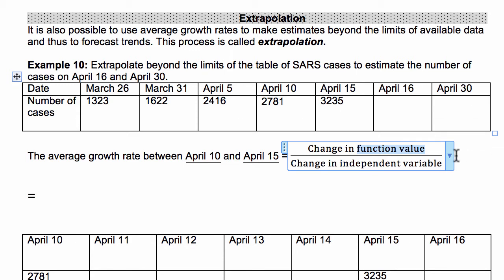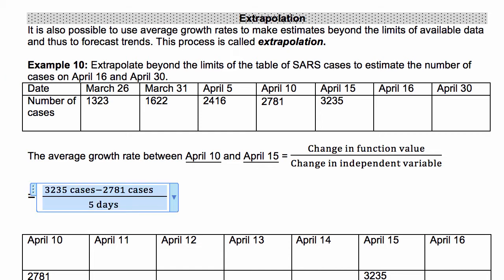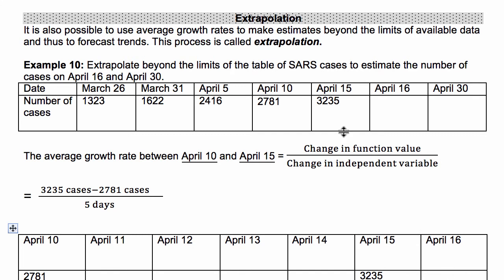The independent variable is the variable the dependent variable depends on. That's the date. So to find the change in the function value from April 10th to April 15th, we will subtract the number of SARS cases on April 10th from the number of SARS cases on April 15th.